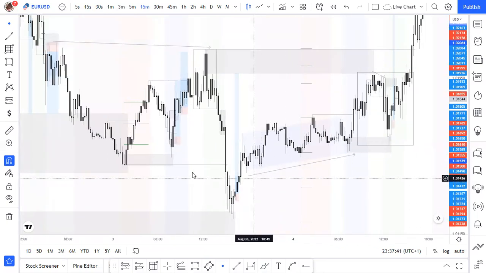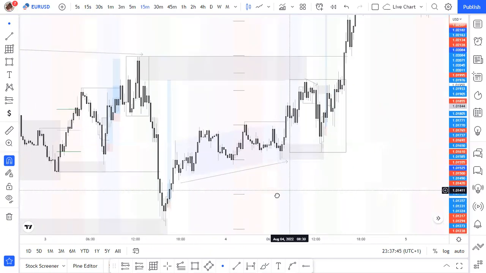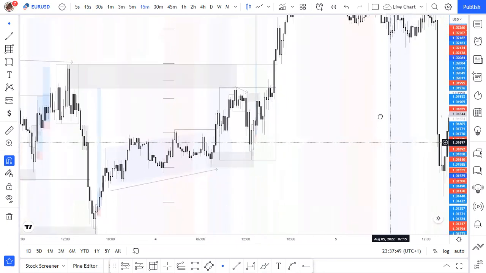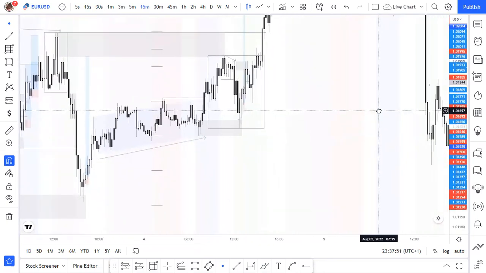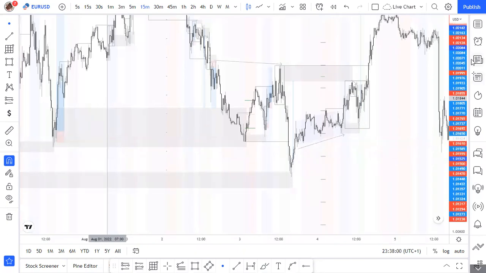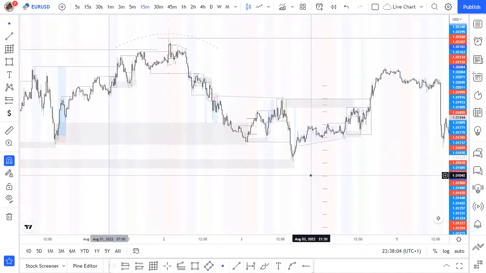So here I have this break of structure. Normally I want to see some kind of confirmation before saying, okay, yes, the market is clearly bullish or bearish. On the 4 hour, we know the confirmed structure is bullish.